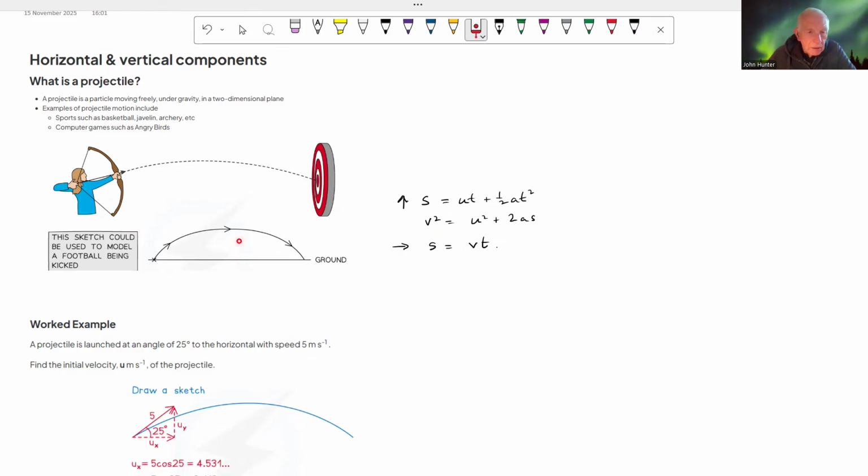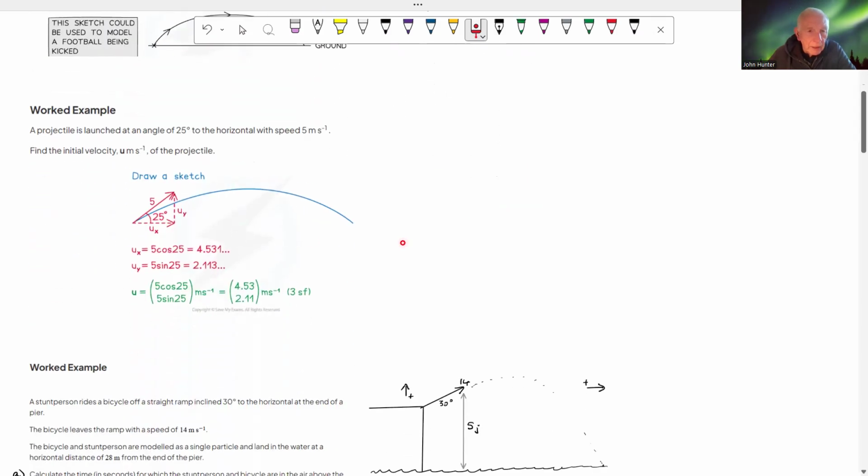So now the key thing. I've got a worked example here, but it's really just an illustration of the fact that normally in these problems we're given the speed of the projectile as it sets off. Sometimes we need to actually find that, but let's say in general we're given the speed and the direction.